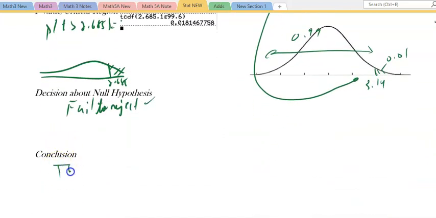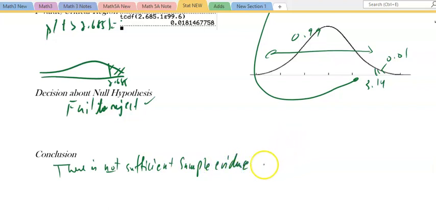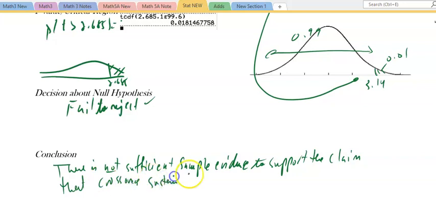So we say there is not sufficient sample evidence to support the claim that crossovers sustain less damage than small cars. So that's really how it works.